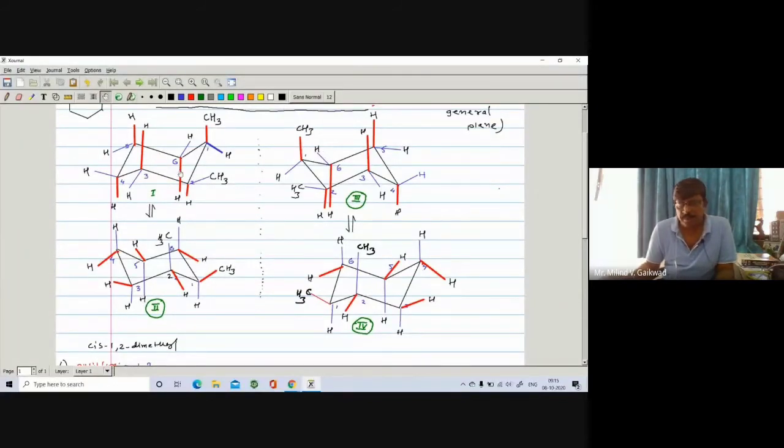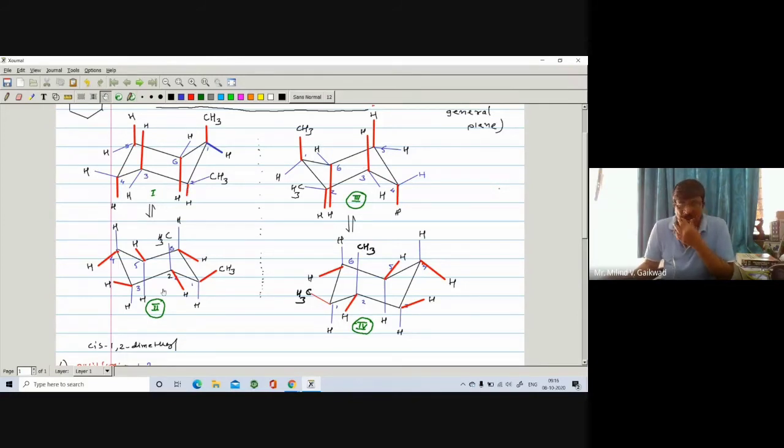If you prepare a model, you'll find that they are mirror images, but non-superimposable. So these are the enantiomers, and you know the enantiomers are the stereoisomers which have opposite optical activity, right?